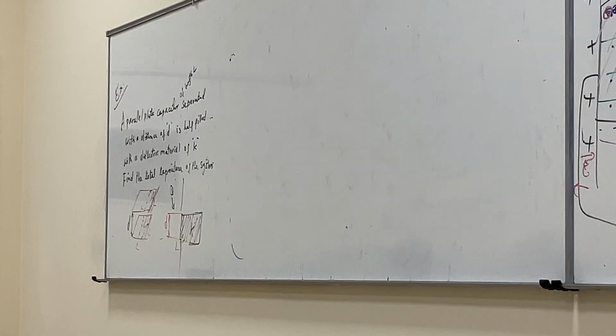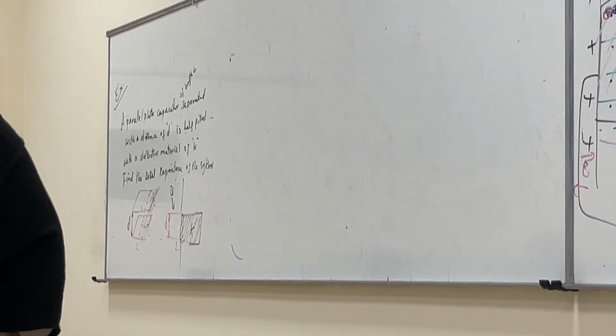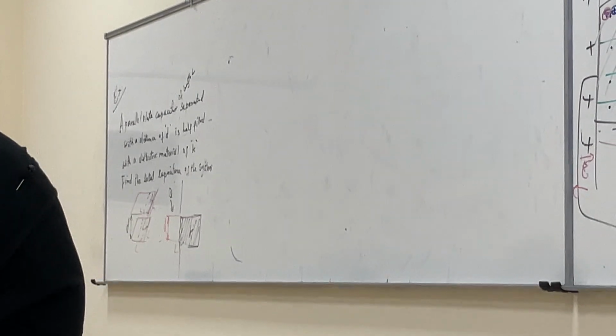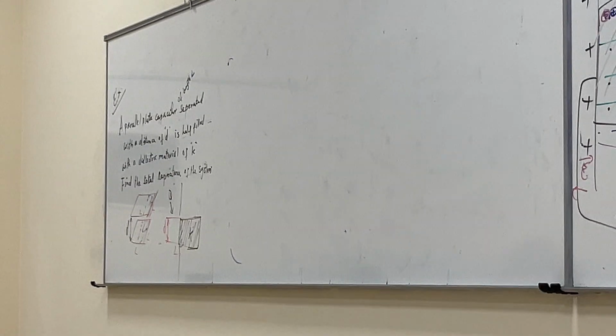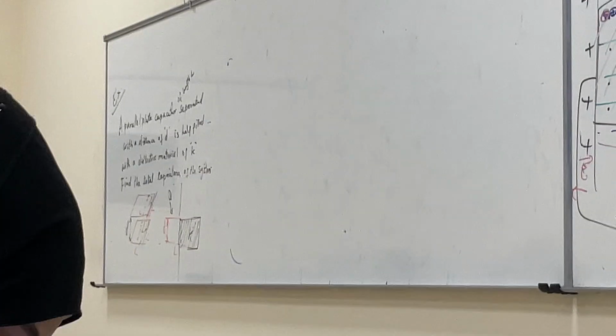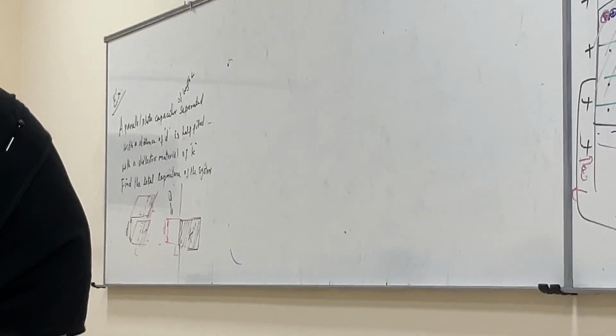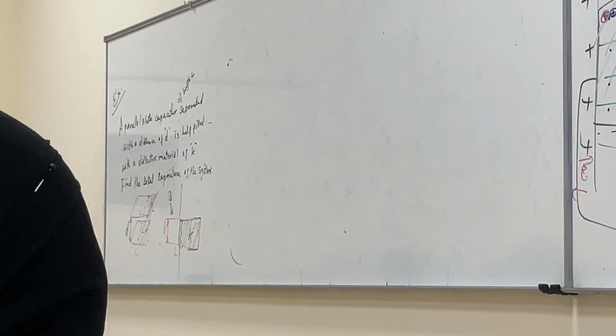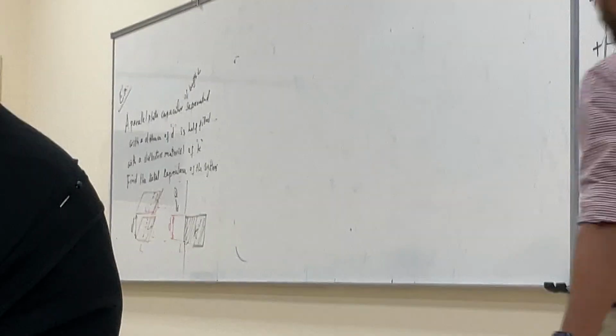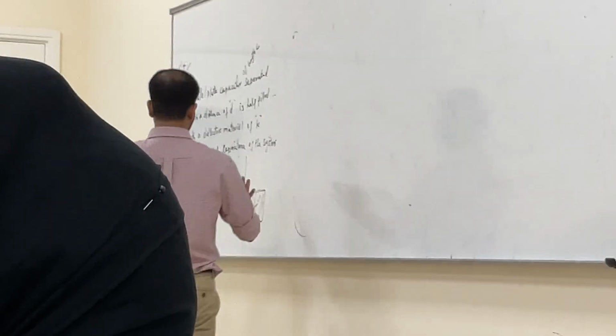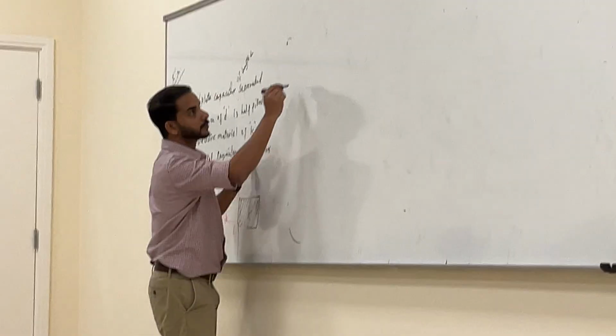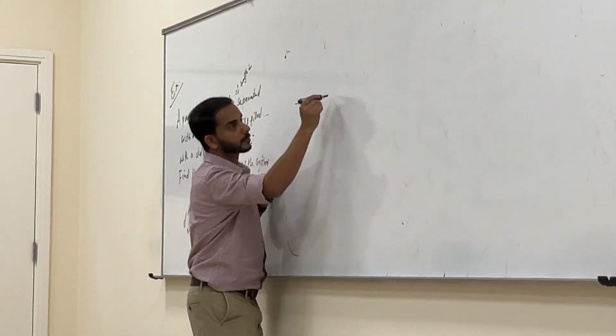So whenever you get a question on capacitors, I told you to just write the equivalent capacitors, right? So you can split that into two. This is a single capacitor, right? So you can just split them.